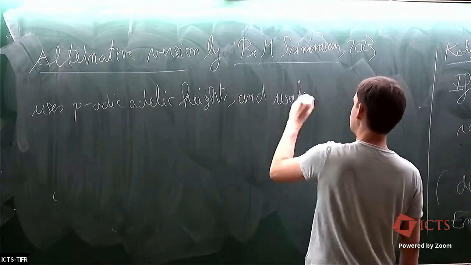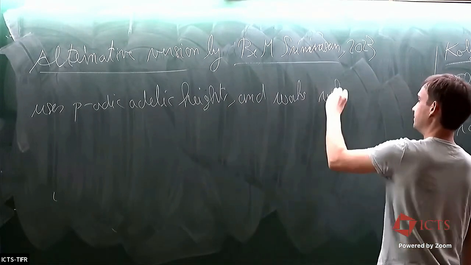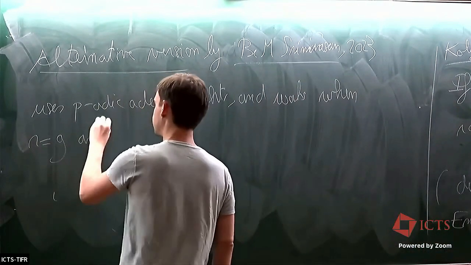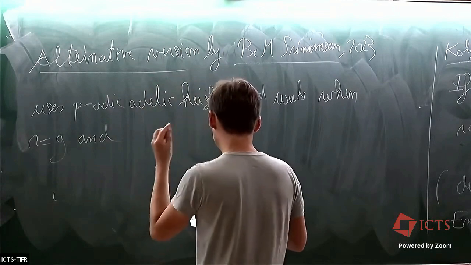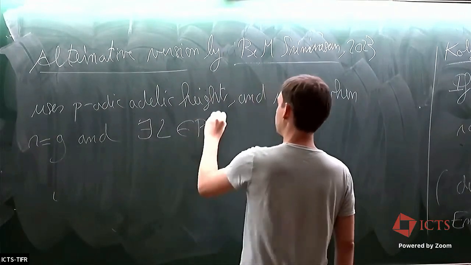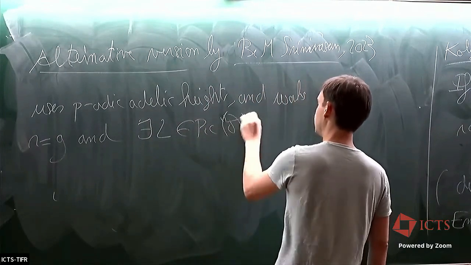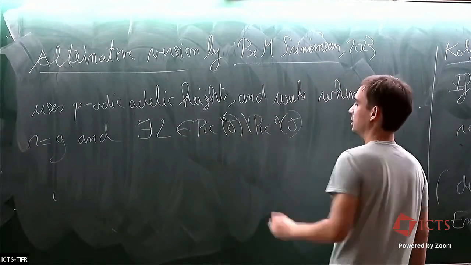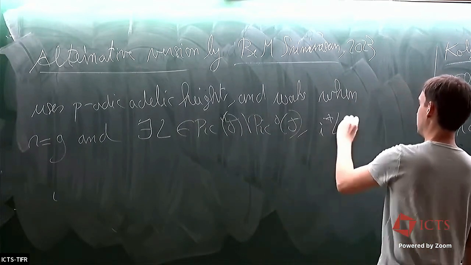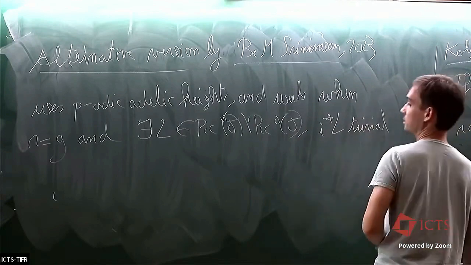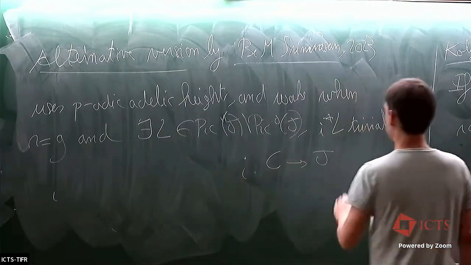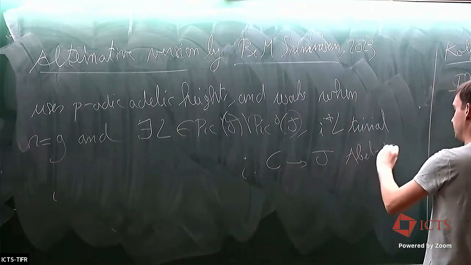and this works as well when rank is equal to g and there exists an L inside the Picard group of J and not inside the Picard group 0 of J with A star L trivial, where A will be an Abel-Jacobi map.